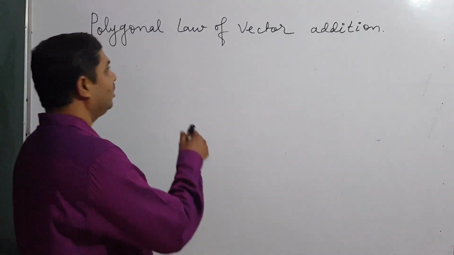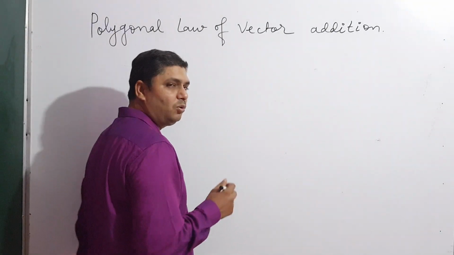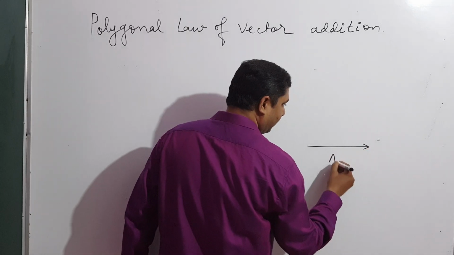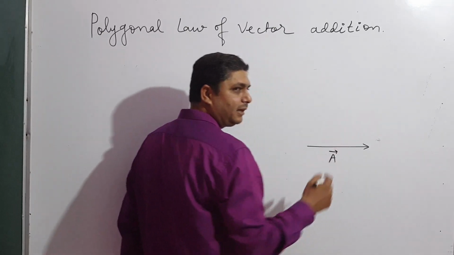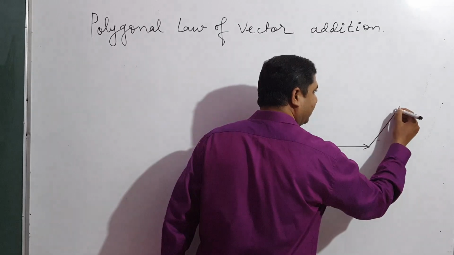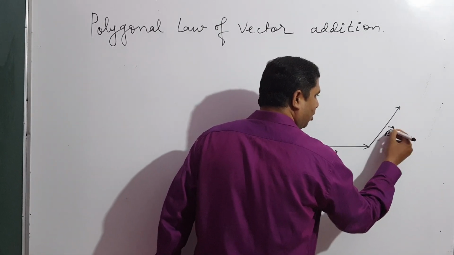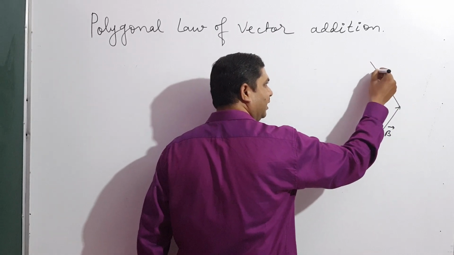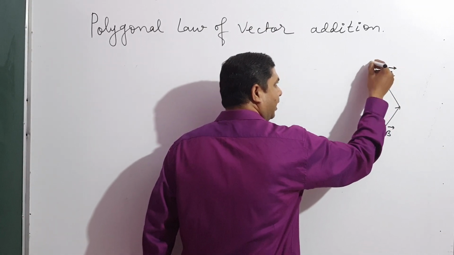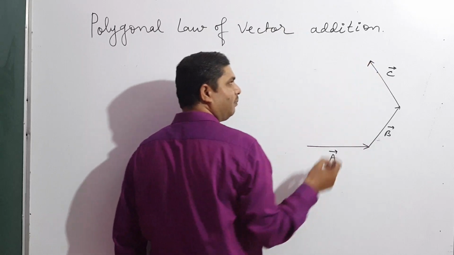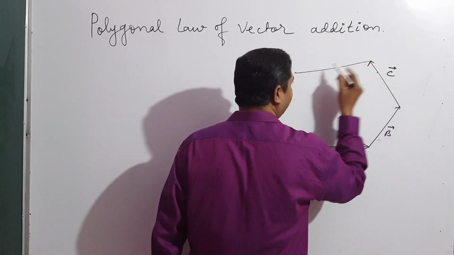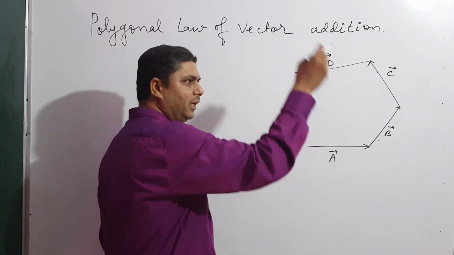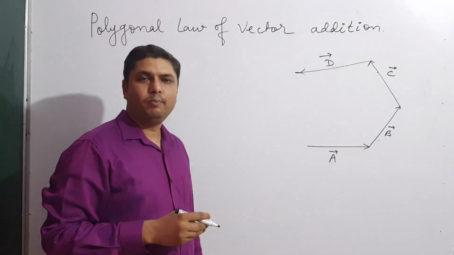Polygonal law of vector addition is the advanced form of triangle law of vector addition. This law says that if you have more than two vectors, then take one vector, say vector A. On the head of vector A, put vector B. On the head of vector B, put vector C. And on the head of vector C, put vector D, continuously, so that they form consecutive sides of a polygon.